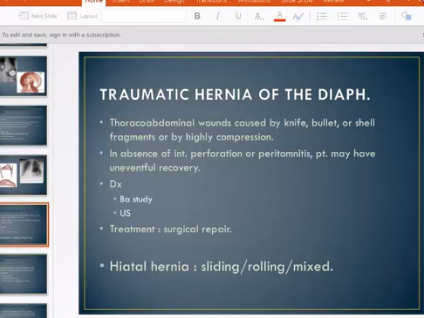But on the left side, because there is no protection from the liver, maybe this small hole, with time, will increase in size, and after that all the part of the stomach or bowel will go through this defect into the left chest. This may occur in 1 year, 2 years.